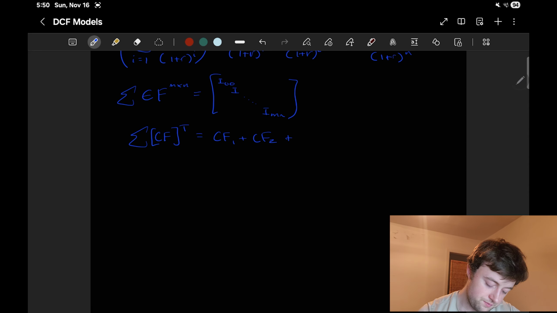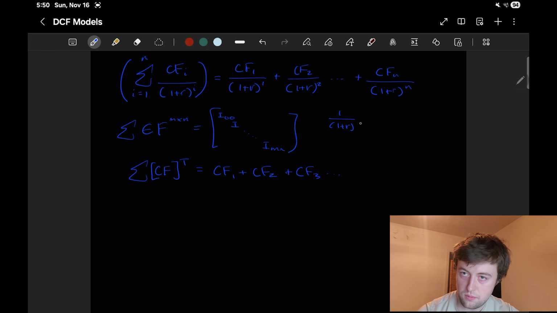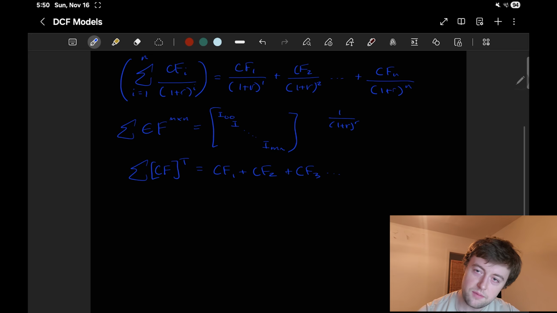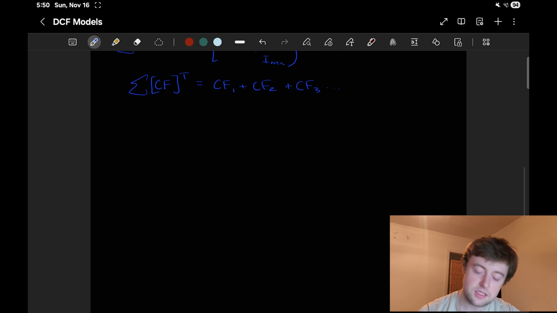And then if we make the elements of this diagonal into, for example, 1 over 1 plus r to either the row or the column indexing, let's just say row, for example, it doesn't matter because it's a symmetric matrix here, then we'll get literally the same formula. That's just another way of viewing it. You may or may not have seen this before.